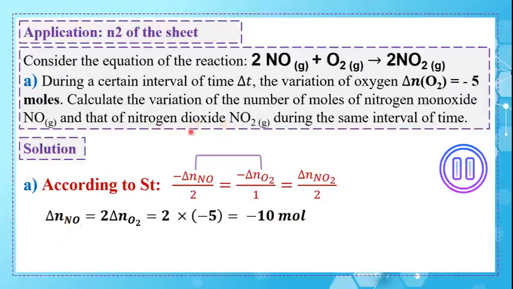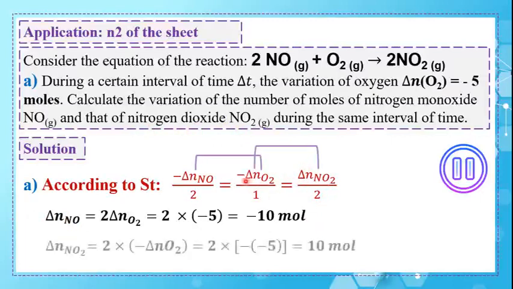For delta n of NO2, delta n of NO2 will be equal to 2 times minus delta n of O2. This is the minus, and because delta n of O2 is minus, we'll get 10 mol, which is the variation of the number of moles of a product, which will have a positive value.